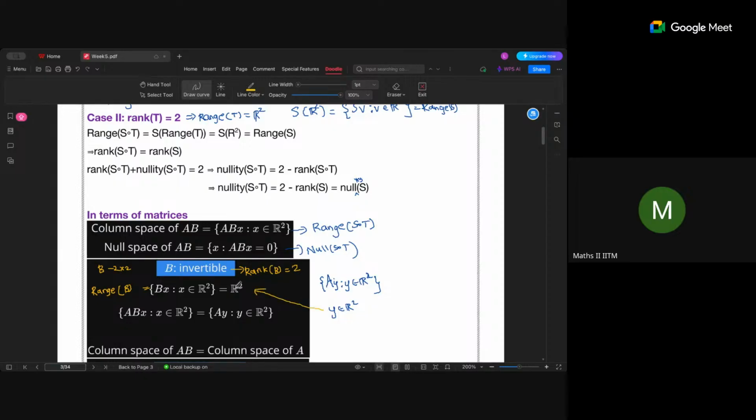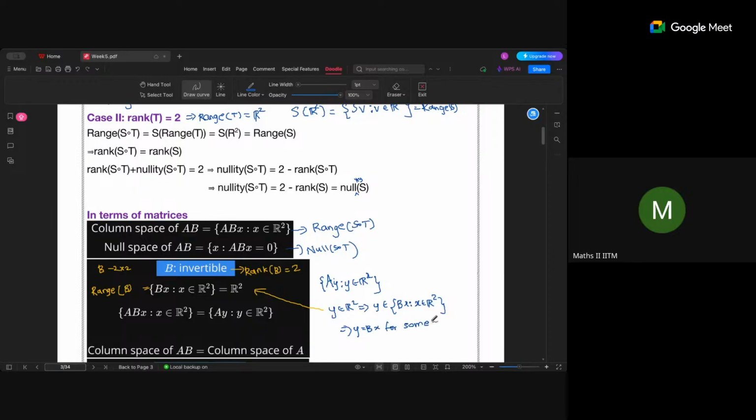If y is in R2, then y belongs to this set, correct? Then y belongs to this set of all Bx such that x is in R2. Right? So this means that y equals Bx for some x in R2.